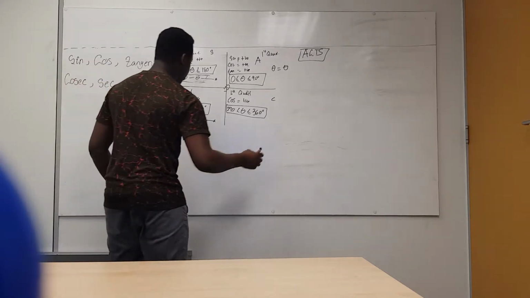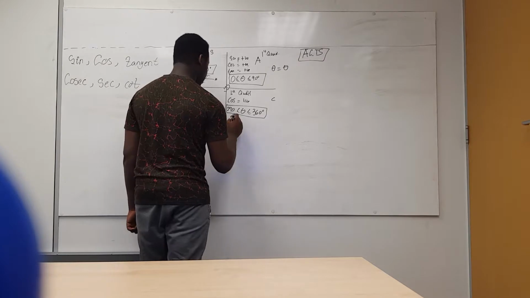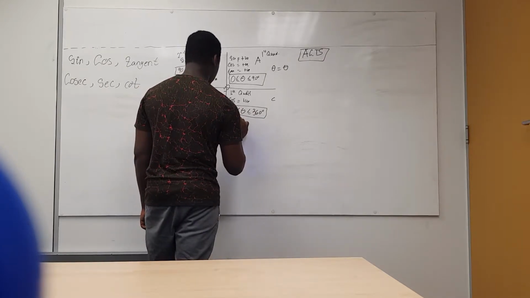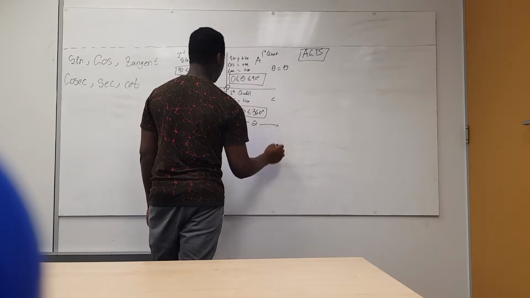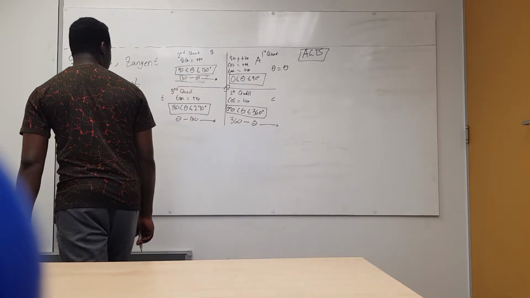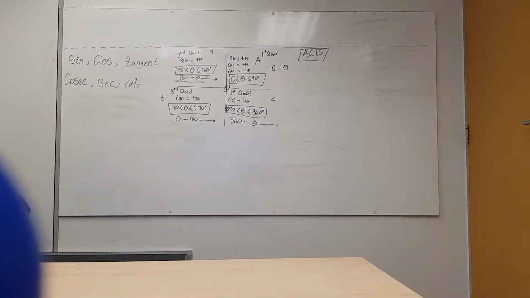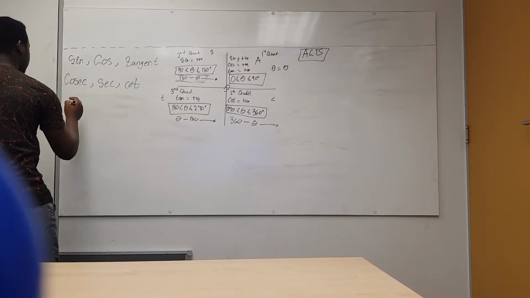In the fourth quadrant, you reduce angles by saying 360 minus the angle. So let's say you have tangent of, let's say, 330.